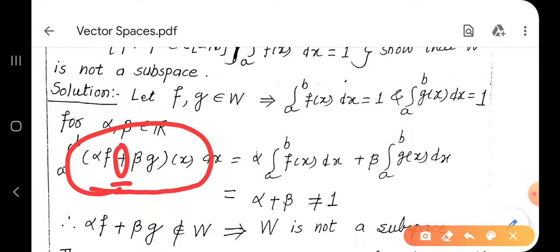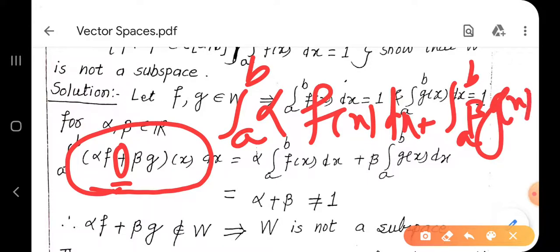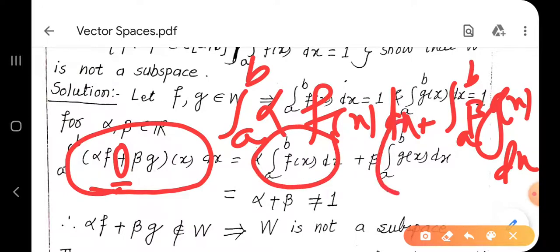So here, initially, the integral from a to b of αf(x) dx plus the integral from a to b of βg(x) dx. Correct? α constant, β constant, you can take outside. So α times the integral from a to b of f(x) dx plus β times the integral from a to b of g(x) dx.